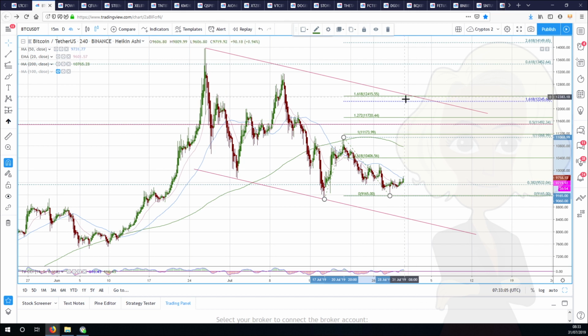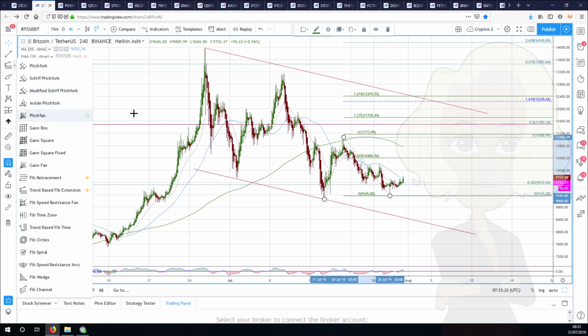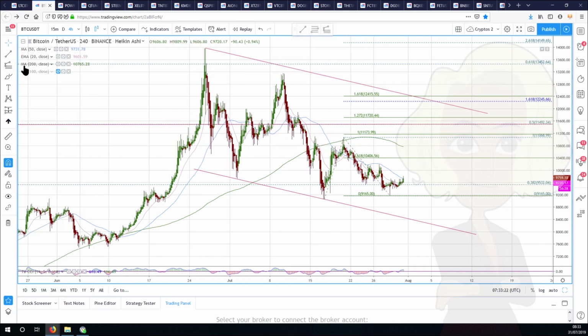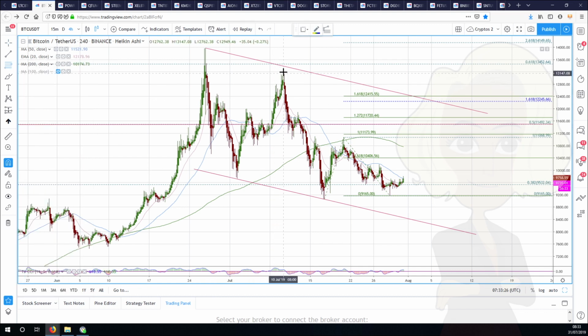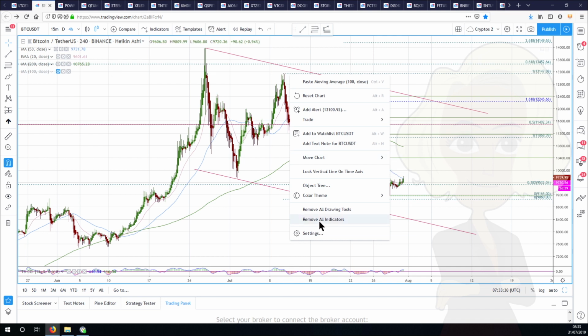This 1.618 extension of the first swing and this 1.618 projection from this correction line up around here, around 12,300, 12,400. If we add in a fib retrace level, we'll do that as well, then we end up getting a sort of harmonic pattern reversal zone.